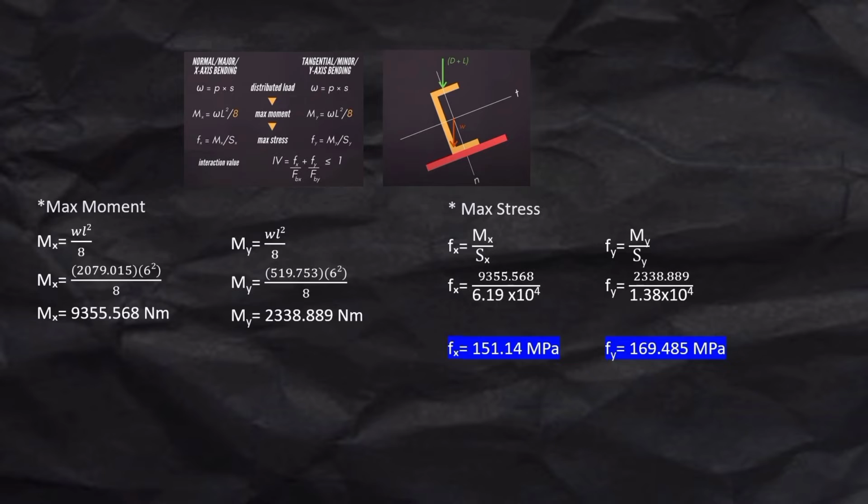At 1.38 times 10 raised to 4 naman ang gagamitin na S sa tangential. So, ang nakuha natin dyan is 151.14 sa major axis at sa minor axis naman is 169.85.